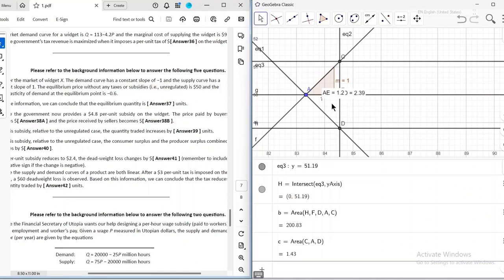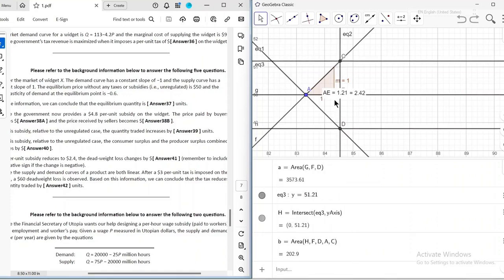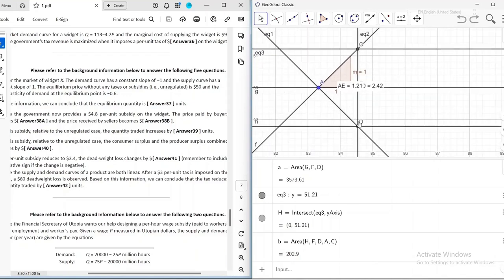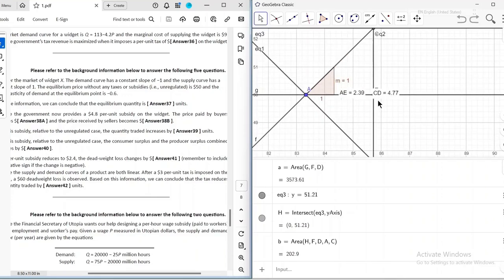So initially, remember this point, 1.43. Now let me press Ctrl G. You can see the length of CD has reversed to 2.42. Let me press Ctrl G again.